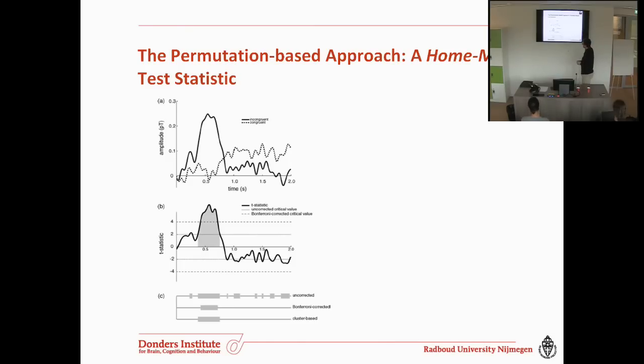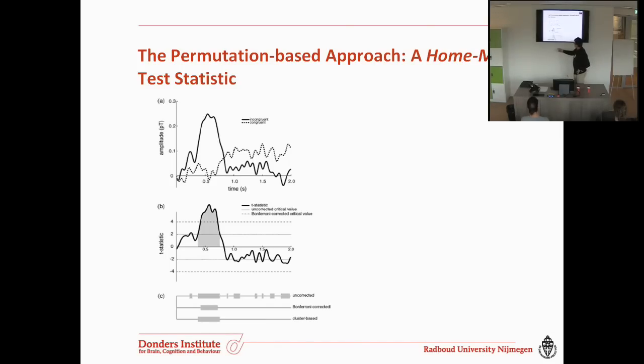So how does the cluster-based permutation deal with this? It makes use of the t-statistic as a thresholding device. It does not use the t-statistic to calculate the p-value, but as a kind of standardized effect measure, and it chooses a particular criterion value, a threshold value, to identify time points that have evidence against the null hypothesis.